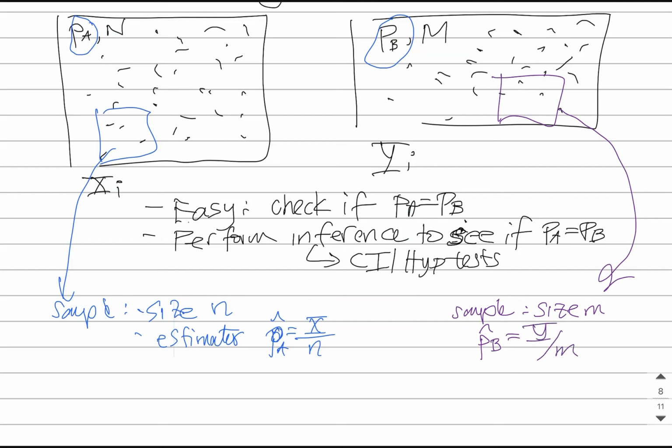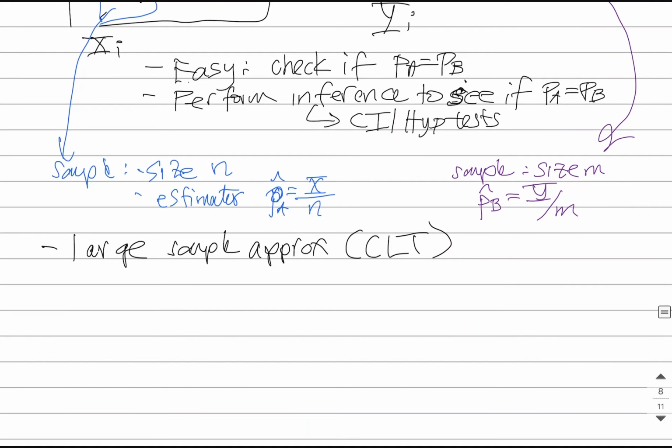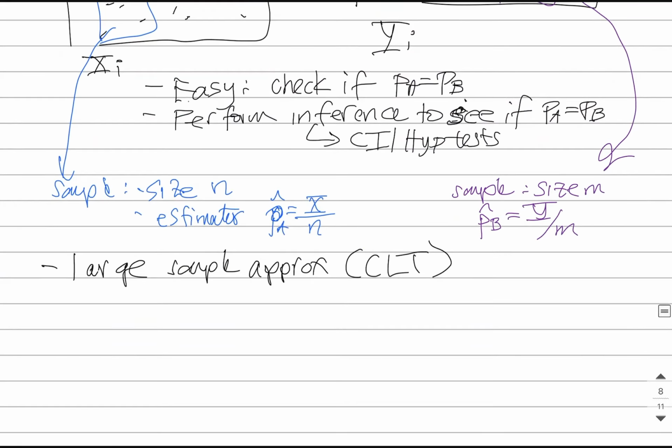y over m. Now, just like before, we are going to use a large sample approximation, which essentially allows us to have the central limit theorem kick in. There is an underlying binomial distribution for each of them, but we are not going to use the exact binomial.